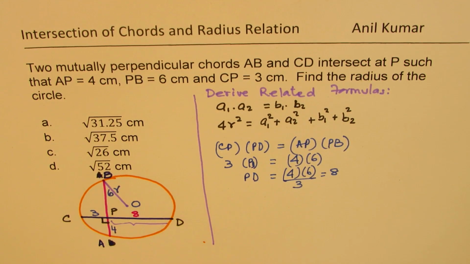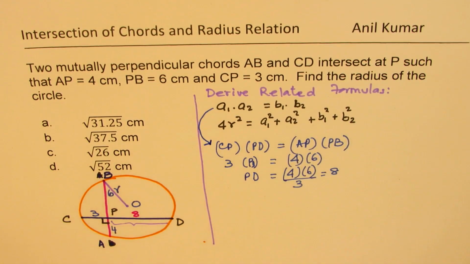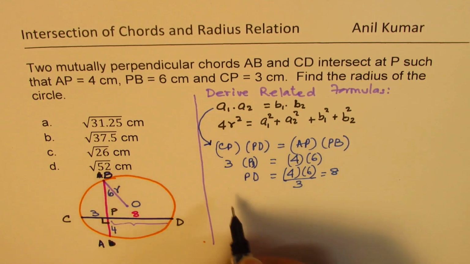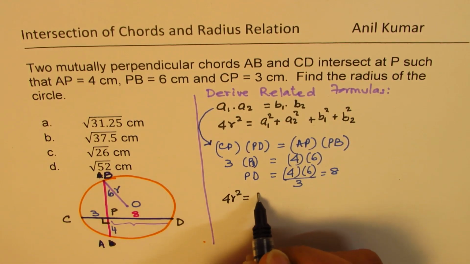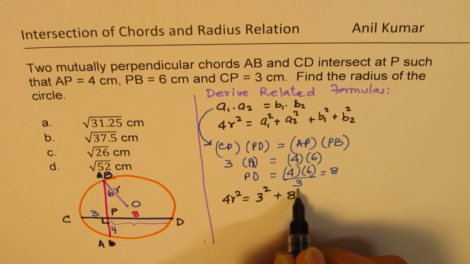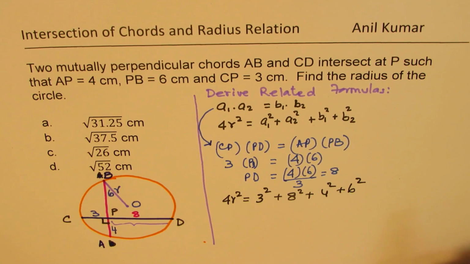So we have all these lengths, right? Now we will substitute in the second formula. So this was using the first one. Now using the second one, we said 4r square is equal to 3 square plus 8 square plus 4 square plus 6 square. Clear?